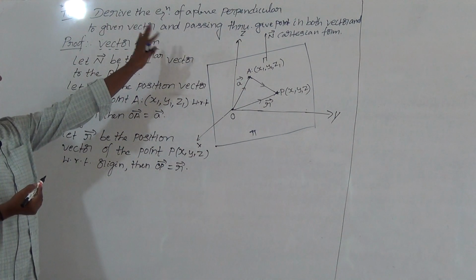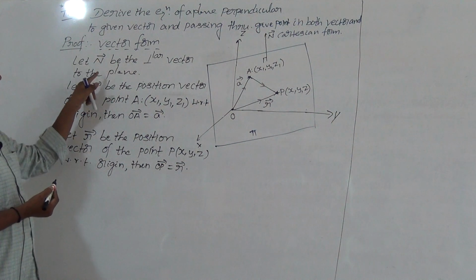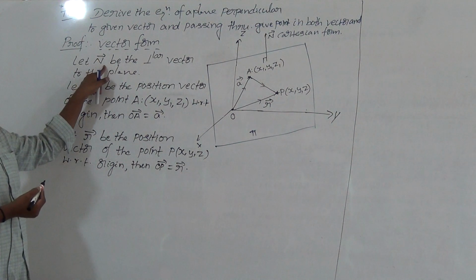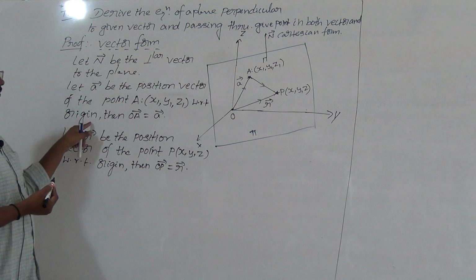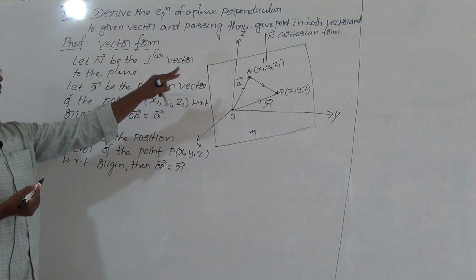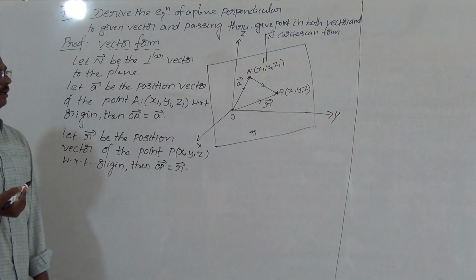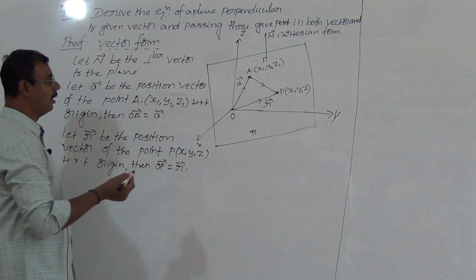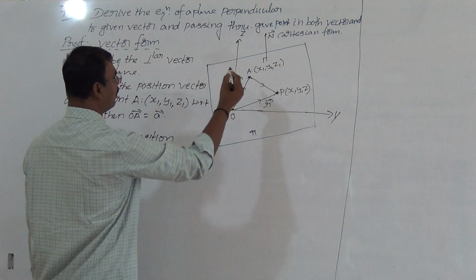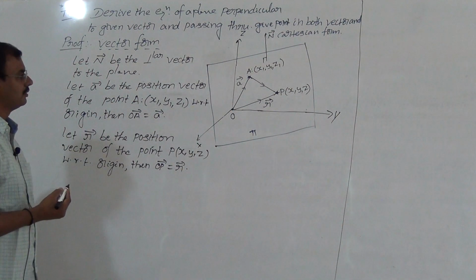What is given in the statement, we should take first. n vector is the perpendicular vector, A vector is the position vector of the point A, R vector is the position vector of the point P. Now we get the triangle of vector addition.